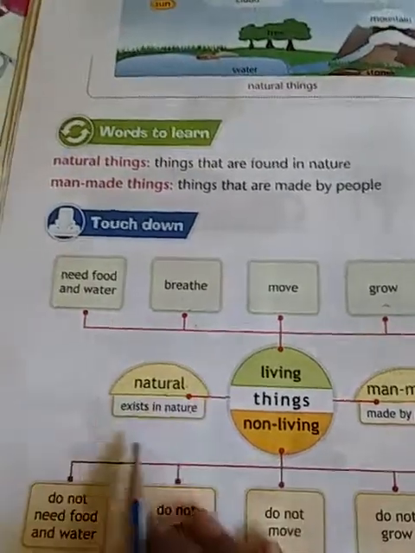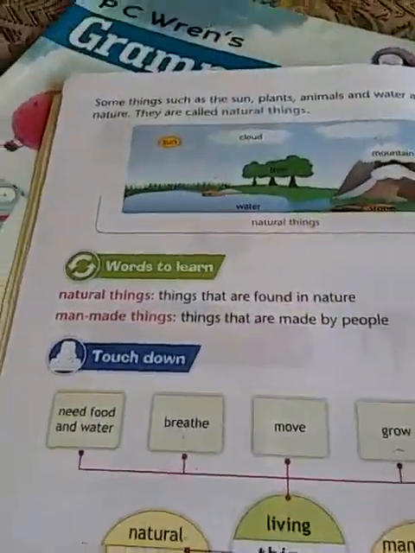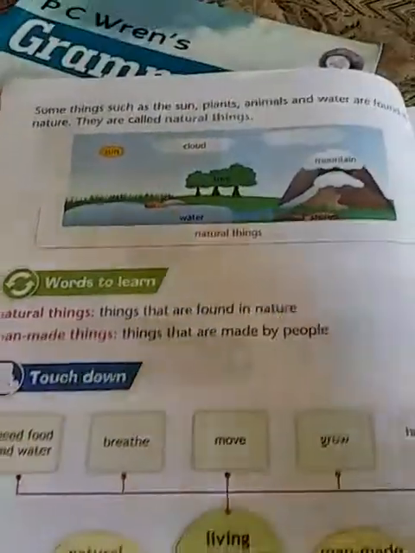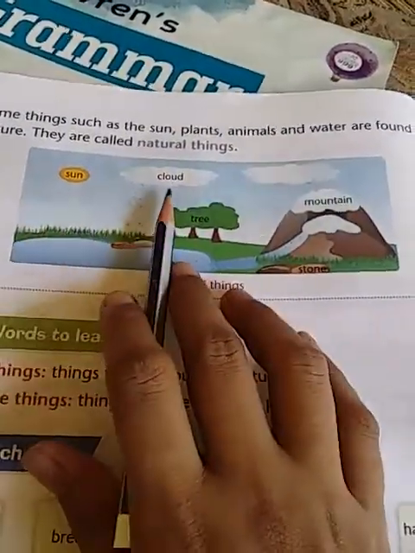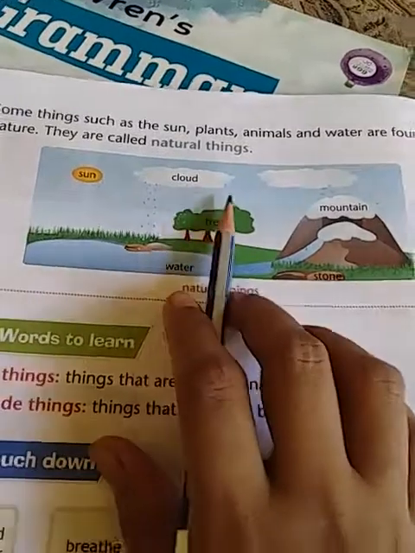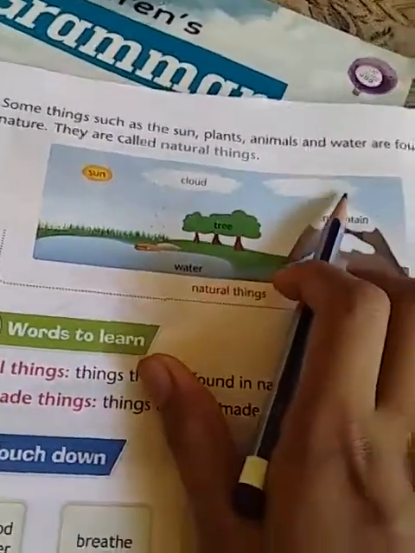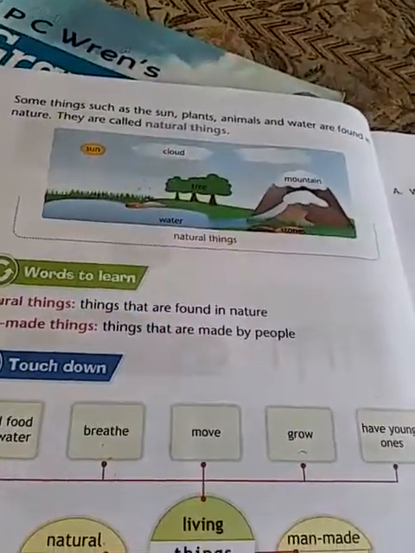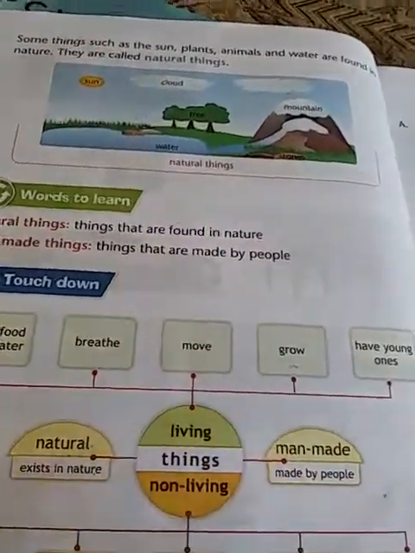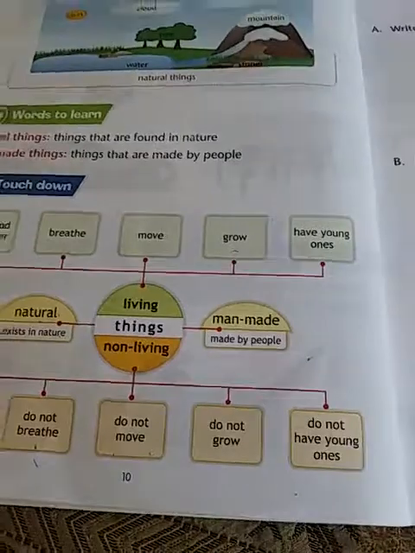Natural things are created by God, like sun, cloud, tree, water, plant, stone. They are all natural things, created by God. But man-made things are created by man.